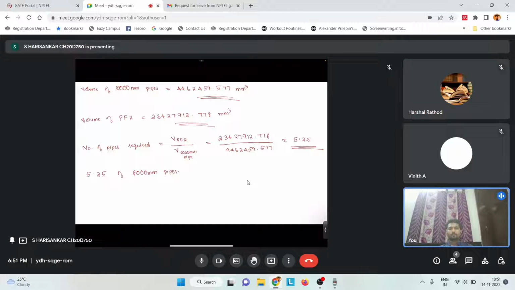So we have to take the next integer of the value that we got as the minimum number of pipes. We got 5.25 as our value. That means we need at least 6 of these pipes to achieve the conversion, which is 66% in this question. So the number of pipes will be 6 here.